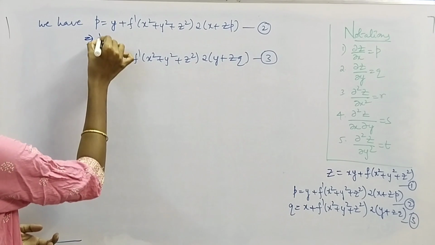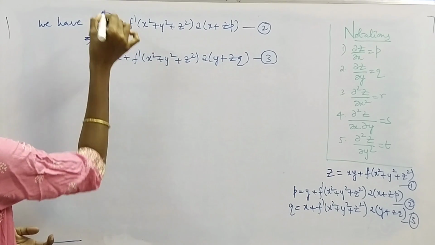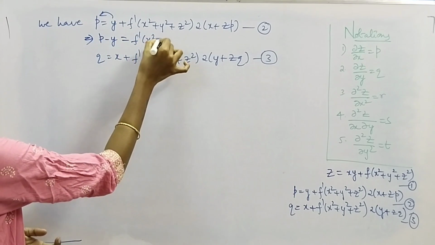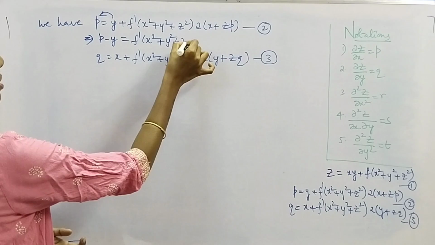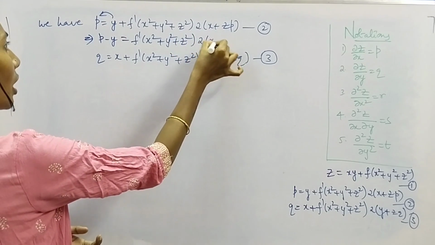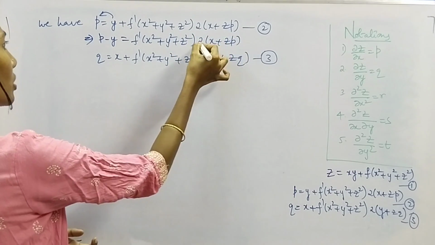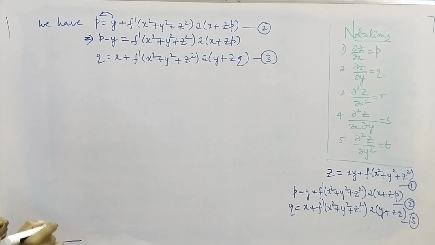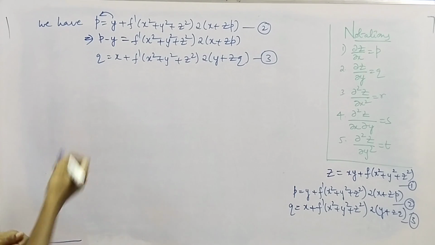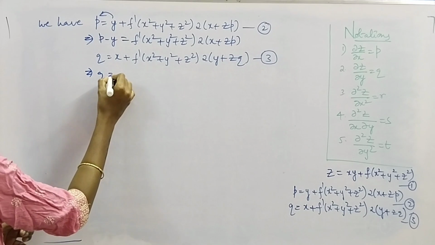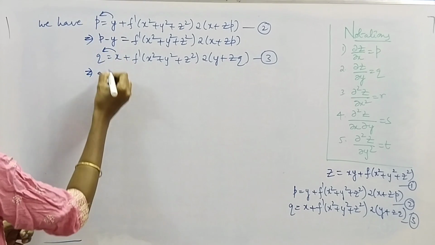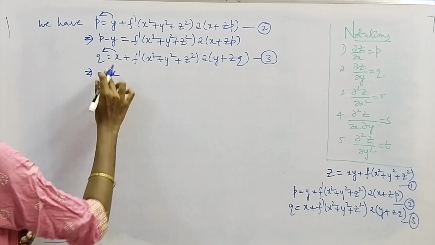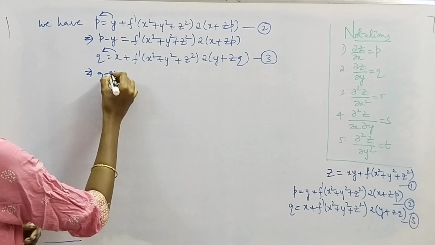Also we can write this equation as, just bring this y to LHS so that you'll get p minus y equal to f dash of x square plus y square plus z square into 2 times x plus zp. And also you can write equation 3 as q, just bring this x to LHS, you'll get q minus x.